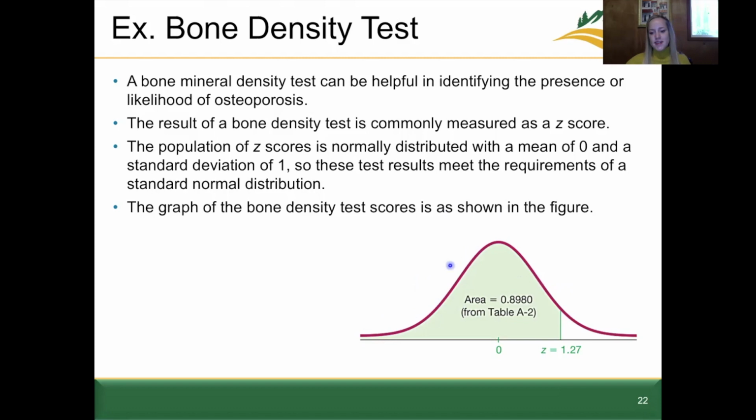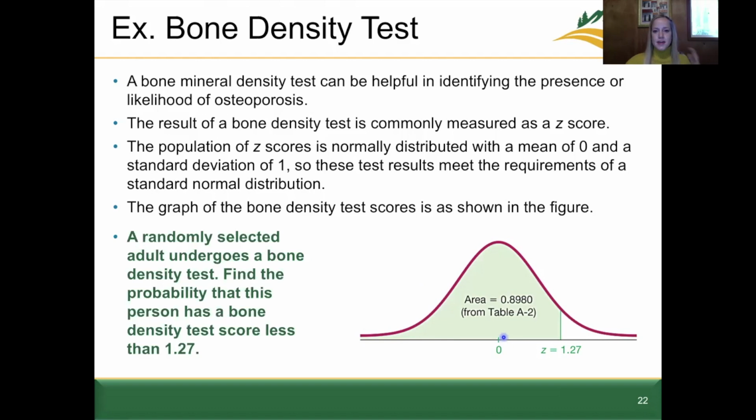This graph here, for example, shows the bone density test scores. Notice that this is bell-shaped, this is symmetric, we have a mean value of 0, and along our x-axis, our horizontal axis, is where we're going to look at the z-scores. These z-scores will then correspond with some area under the curve. So here's our question. A randomly selected adult undergoes a bone density test.